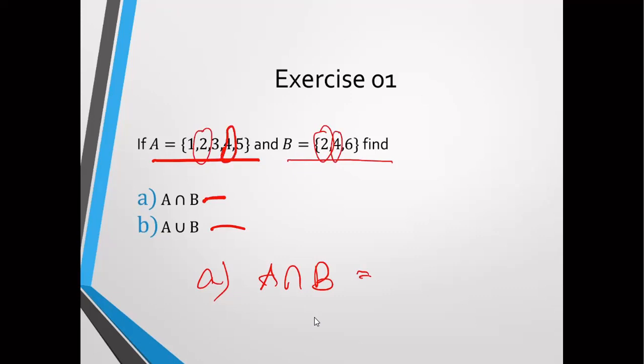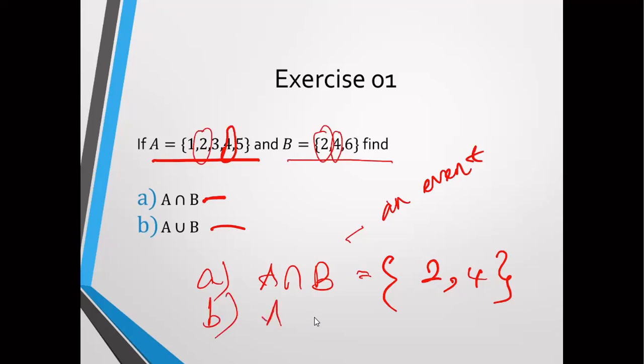Is 6 common? No. Only 2 and 4 are common elements. Therefore, we can write A intersection B as {2, 4}. Here also we use curly brackets because A intersection B is again an event. Therefore, we have to put these elements 2 and 4 in curly brackets. Understand?